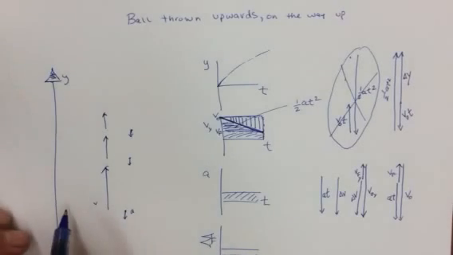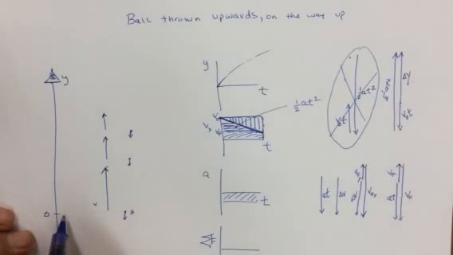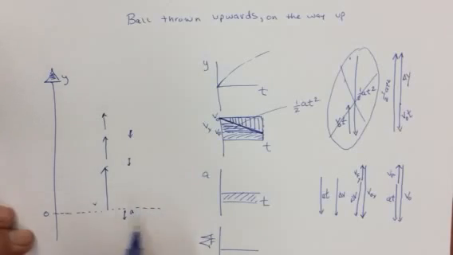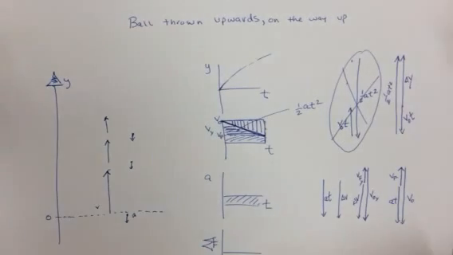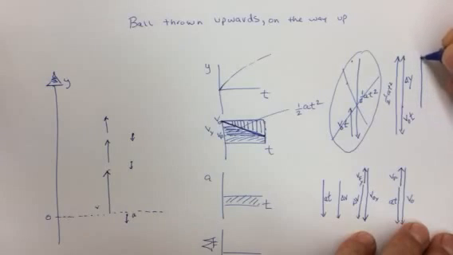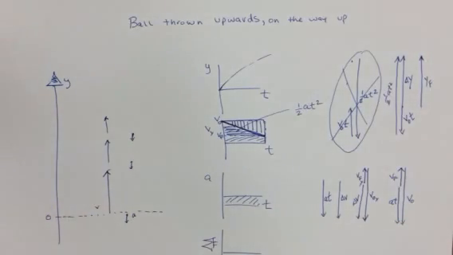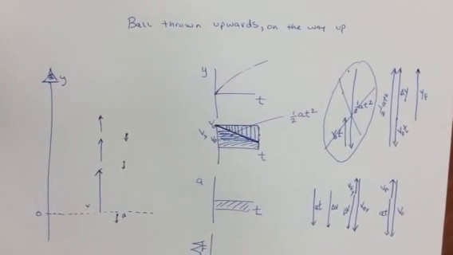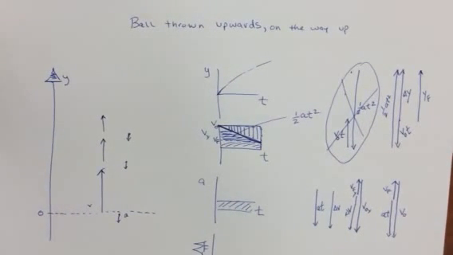This is a ball thrown upwards, and it's on the way up. To make life simple, why don't I have the object start from 0 position? If it starts from 0 position, then my delta y vector is the same exact length as my final position vector. And I think that's pretty cool. That looks like it's done.